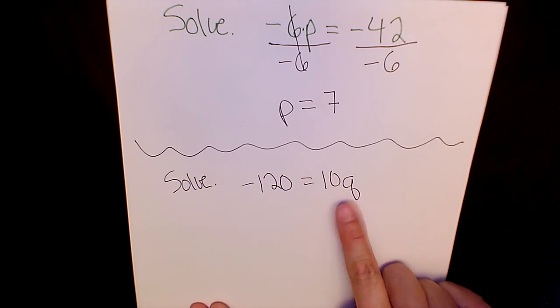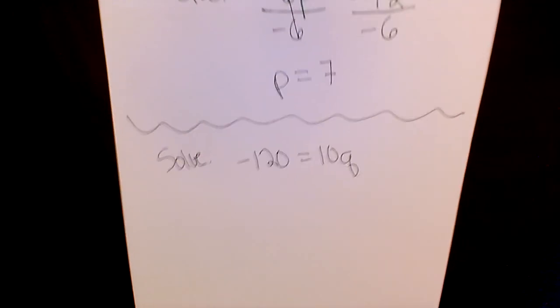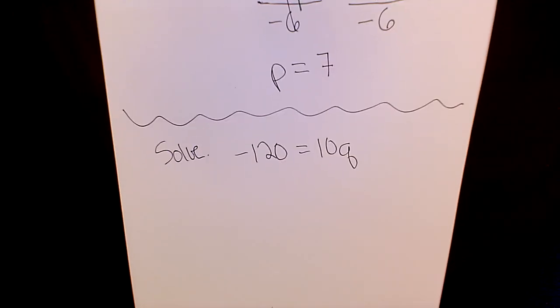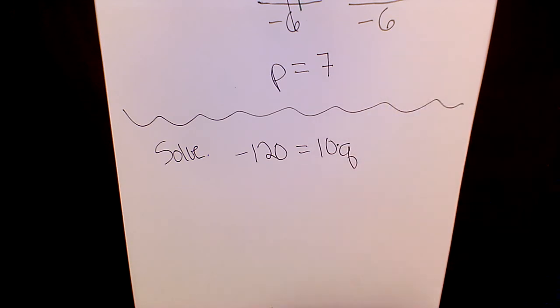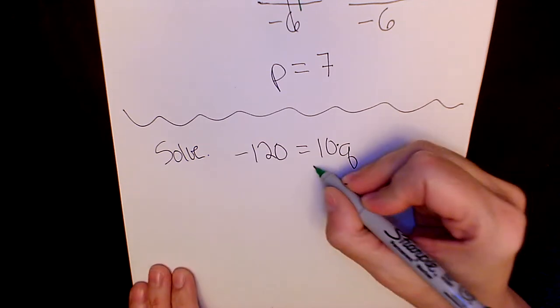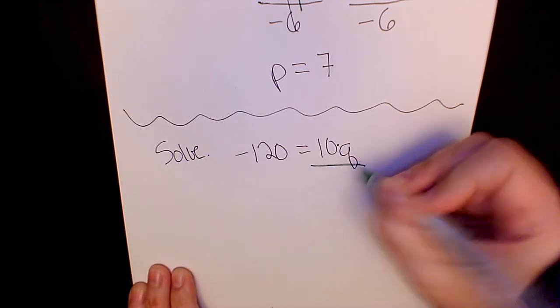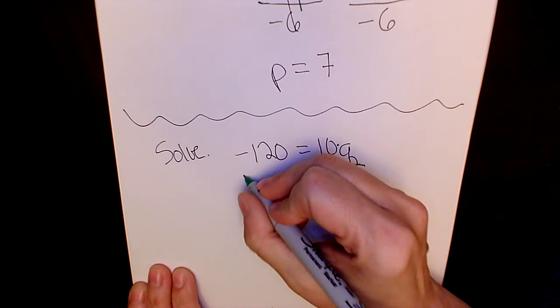And my letter this time is on my right hand side, but we still do the same thing. So I've got a 10 here being multiplied by my q. How do I get rid of that 10? I'm going to keep doing what I've been doing, and I'm going to divide both sides by 10.